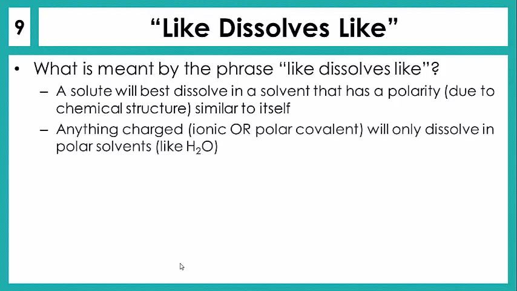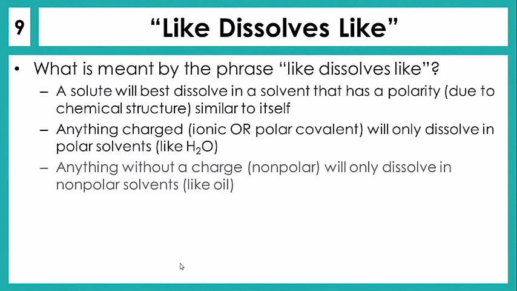So anything charged, whether it's ionic or polar covalent, will dissolve in something that is polar, like water. An ionic compound like salt or a polar covalent compound like sugar will dissolve in a polar solvent like water. Anything that doesn't have a charge would be nonpolar. Nonpolar will only dissolve in nonpolar, so something like oil.